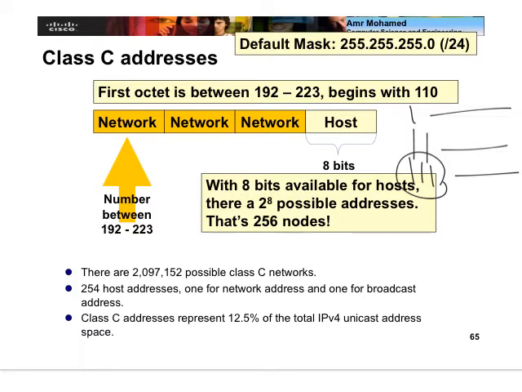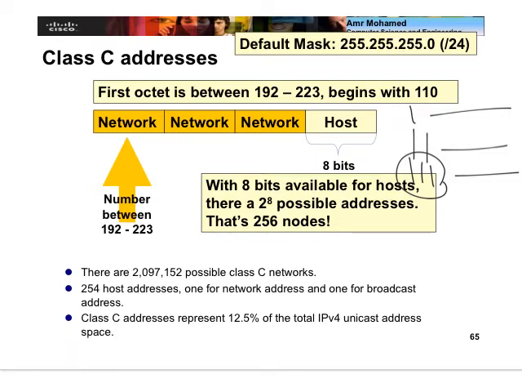So we have 2 to the power 22 networks in class C. Each one has 2 to the power 8 hosts. Okay? So in total we have 2 to the power 30 different addresses in class C, which is around 12.5% of all the address domains in the internet.